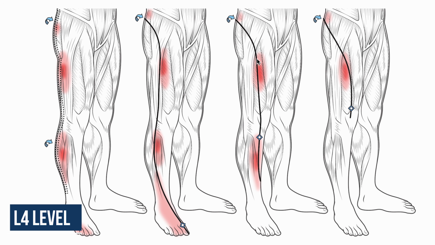L4 is a little bit different. It starts migrating to the front of the thigh, which can simulate an ongoing quad strain as well as that SI joint thing. And it can also simulate shin splints. Shin splints usually have a correlated mechanism, such as big spikes in training volume. Usually it's bilateral. It's kind of a novice runner type of condition.